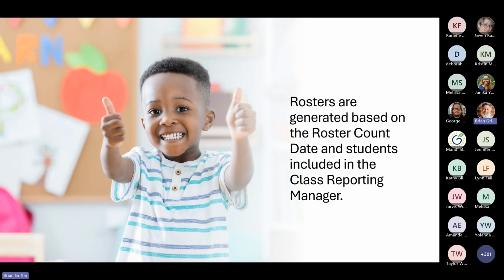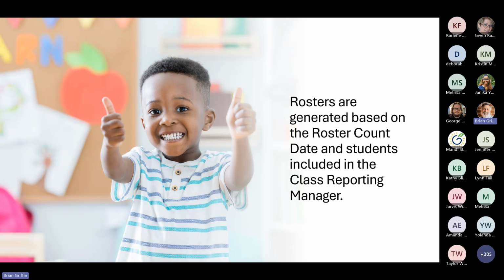Rosters are generated based on the roster count date and the students included in the class reporting manager. What that means is, in the scenario for our first roster cycle, Friday, September 12th, is the roster count date.